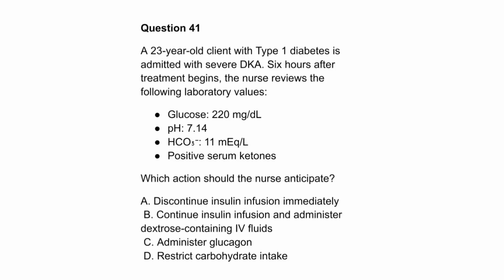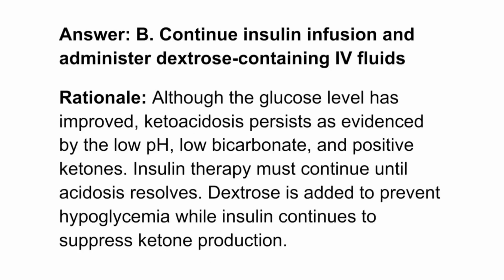C. Administer glucagon. D. Restrict carbohydrate intake. Answer: B. Continue insulin infusion and administer dextrose-containing fluids. Rationale: although the glucose level has improved, ketoacidosis persists as evidenced by the low pH, low bicarbonate, and positive ketones. Insulin therapy must continue until acidosis resolves. Dextrose is added to prevent hypoglycemia while insulin continues to suppress ketone production.